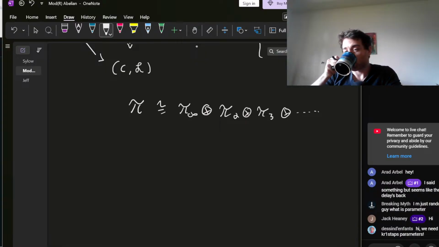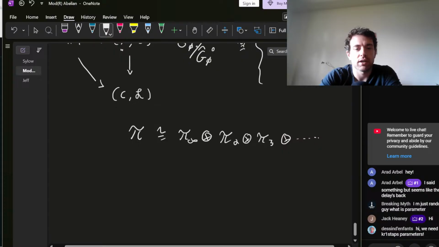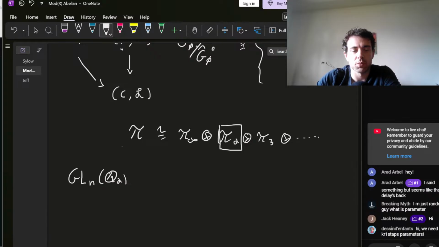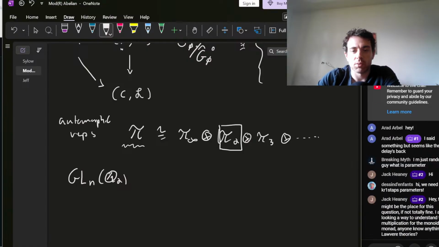And so you might wonder, well, we've got this full representation theory down here of, I don't know, GLN of Q2, let's say, let's look at this factor. And as we run over all what are called automorphic representations, which are the things that we really care about, whatever those are, as we run over all of those, do we hit all of these representations?